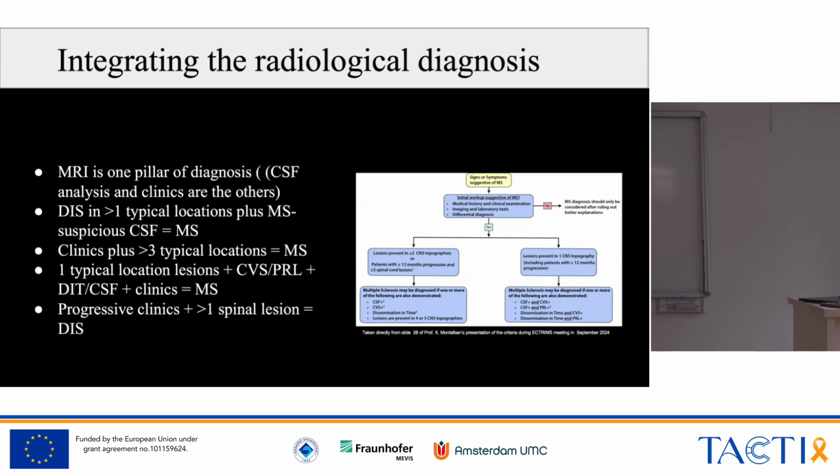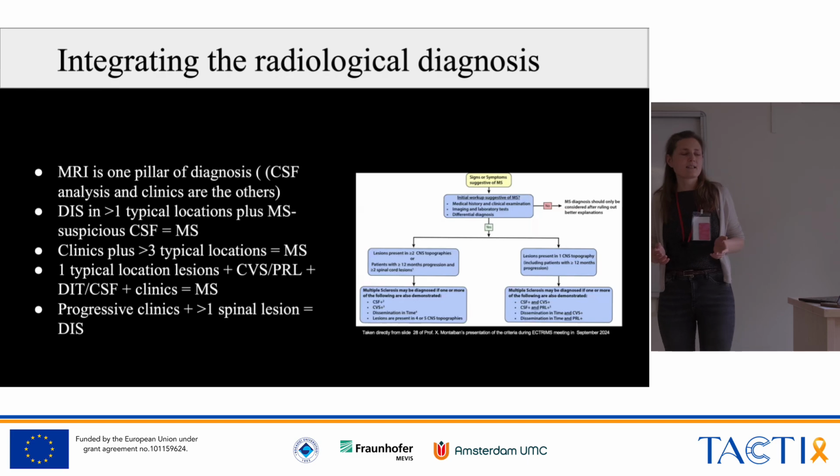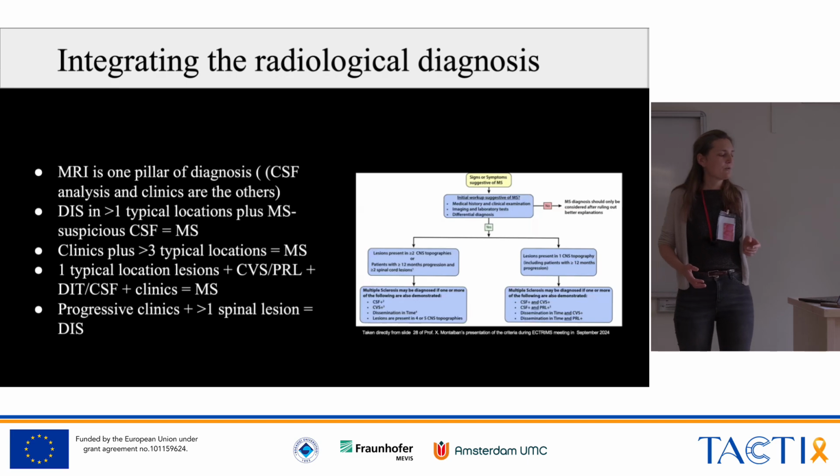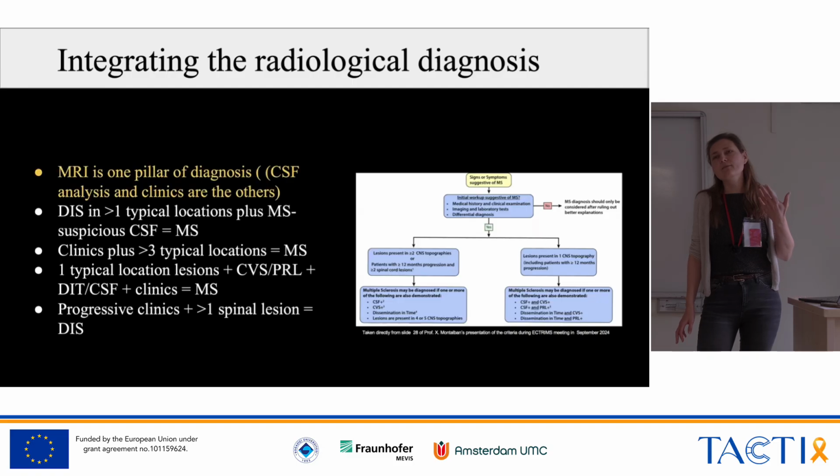I think in the next diagnostic criteria there will be a statement that MRI is necessary if you diagnose MS. MRI is in fact the witness, and no witness, no case. Depending on how strong the indications are, according to the new guidelines that will pop up in 2025, you need more or fewer lesions and more or less dissemination to be shown to construct a case to establish the MS diagnosis.